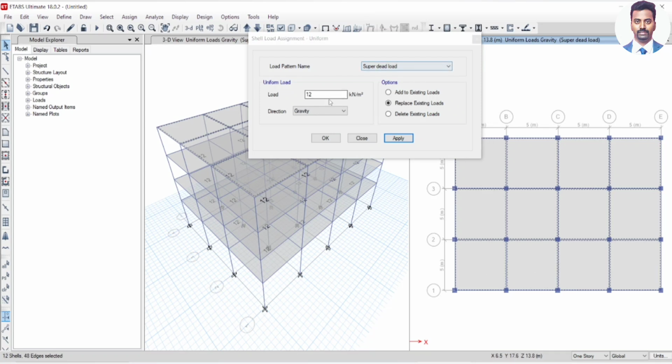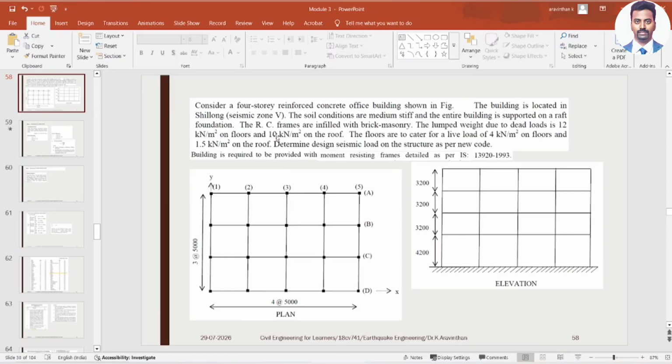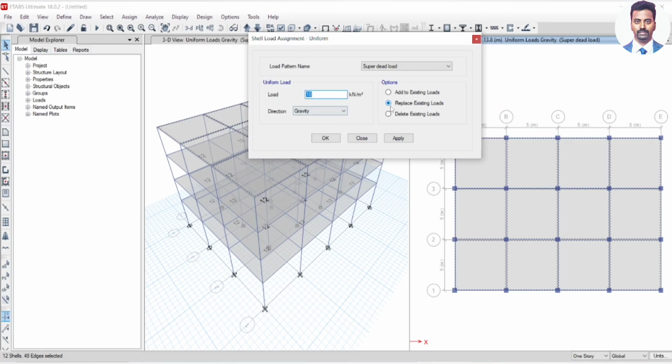In roof, let us apply 10 kilonewton per meter square. On roof, 10 kilonewton per meter square. Let us apply in this direction. Now let us apply the live load.